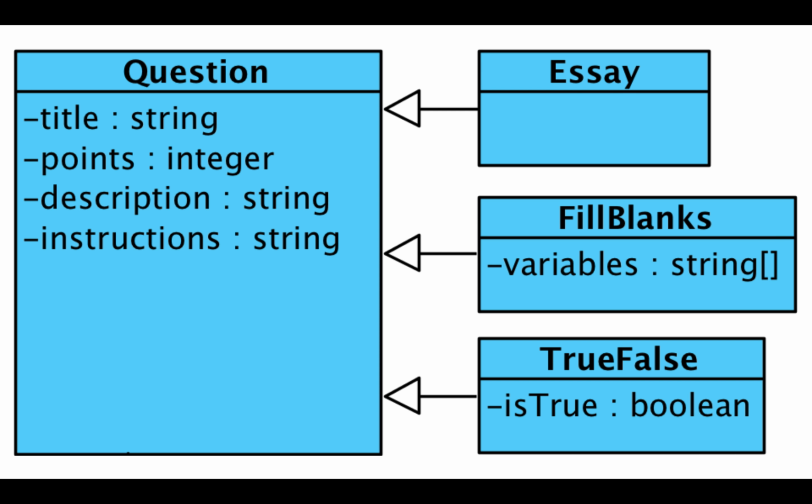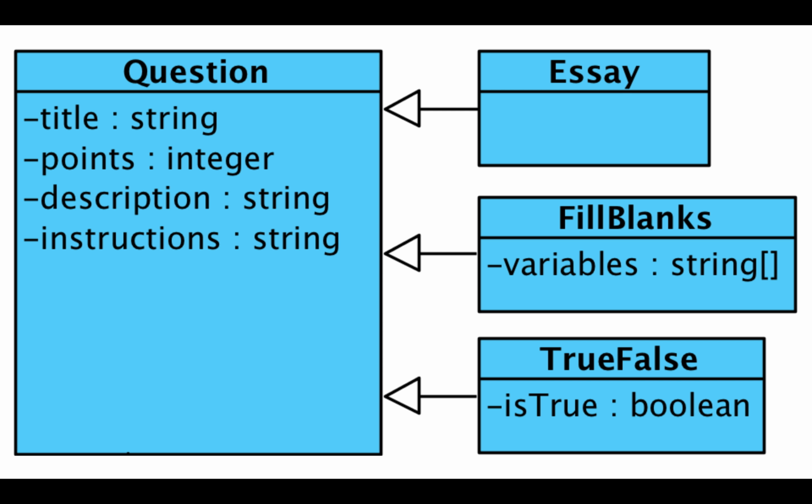So here's a simple example where you have a base class question that captures some of the common things about all questions. Right? You might have a title for the question, how many points that question is worth, some description, and maybe the instructions on how to fulfill that question, how to answer that question. Make sense? And then you have 3 special cases of questions, each one with its own attributes.